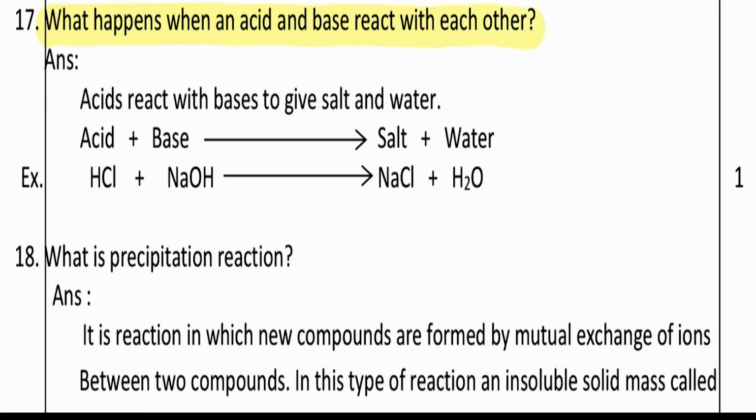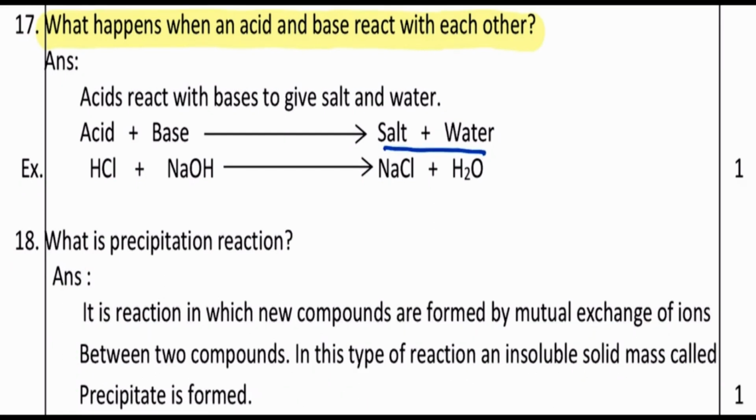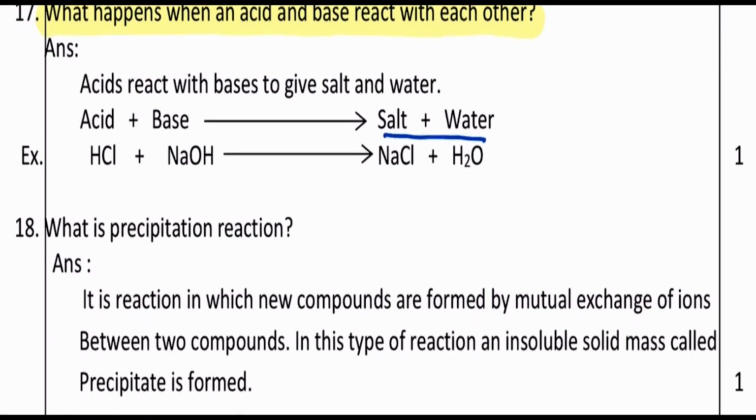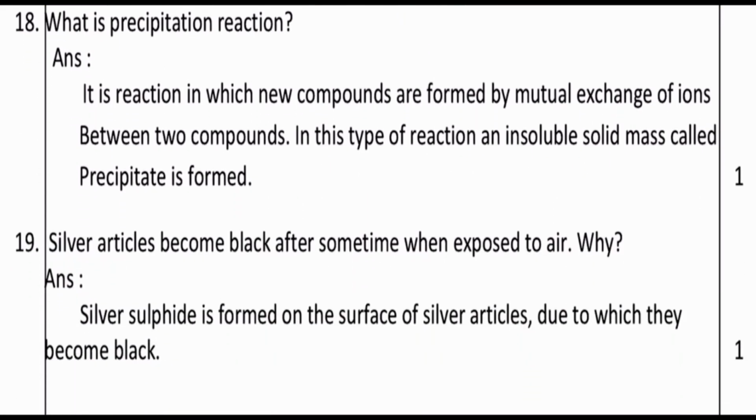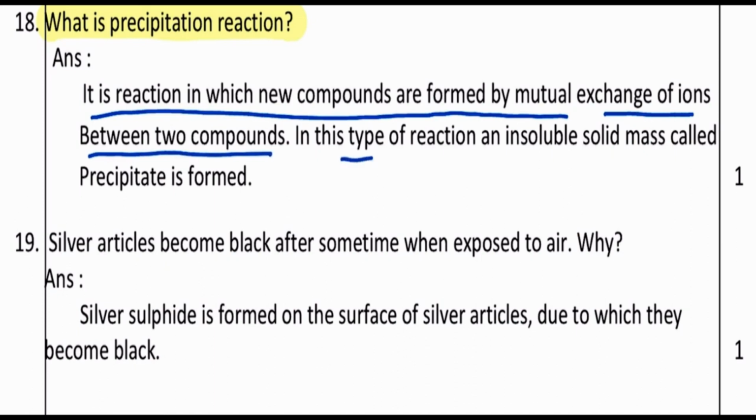When acid and base react with each other, it produces salt and water. What is precipitation reaction? Answer, it is a reaction in which new compounds are formed by mutual exchange of ions between two compounds. In this type of reaction, an insoluble solid mass called precipitate is formed.